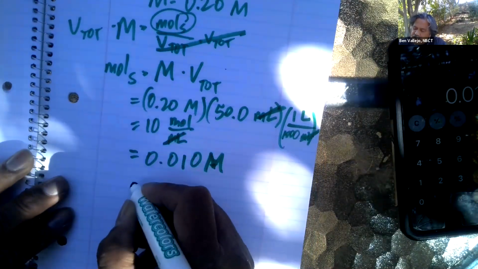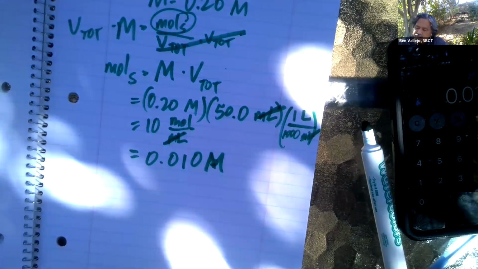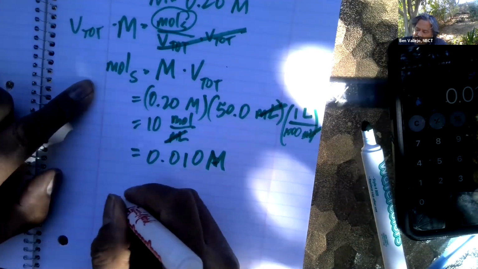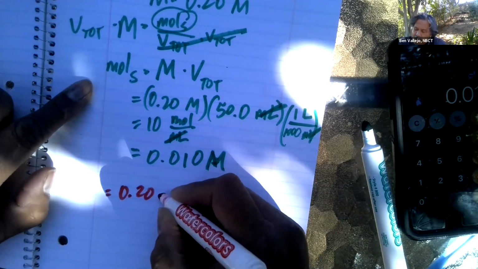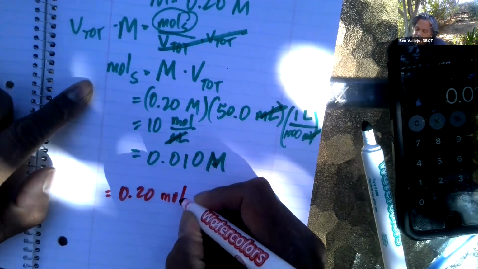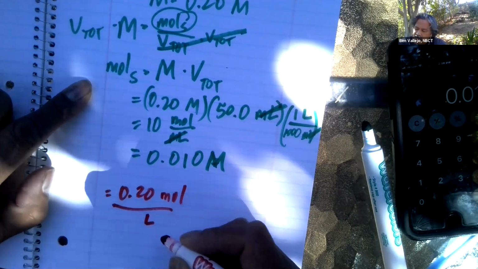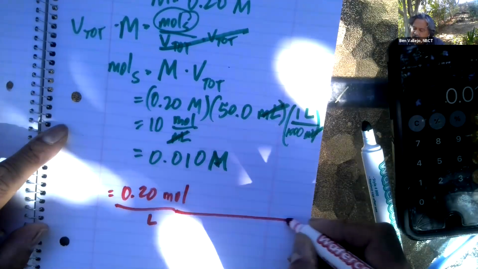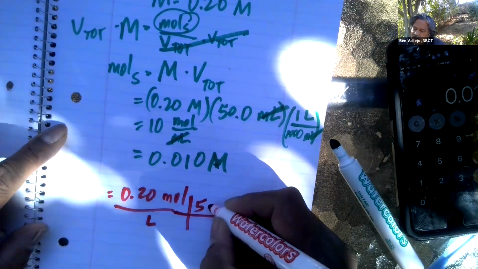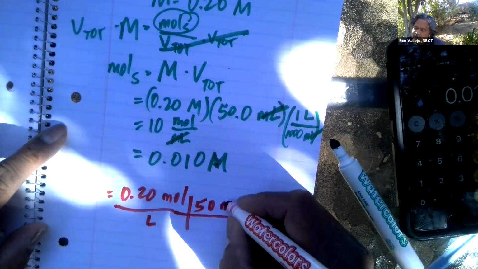Let's take this and spread it out, and you get 0.20 moles per liter, and by dimensional analysis you get 50 milliliters.